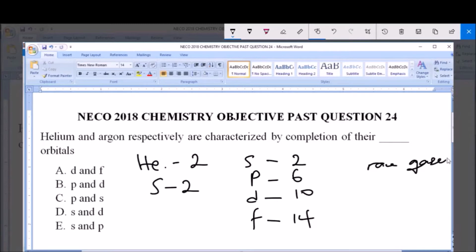We call them rare gases, or the noble gases. They belong to group 8 or group 0, and this is because of their complete octet structure. Because of their complete octet structure, they do not undergo any chemical reaction. Now, like you see here, the helium atom has 2 electrons, so therefore the s orbital is complete.